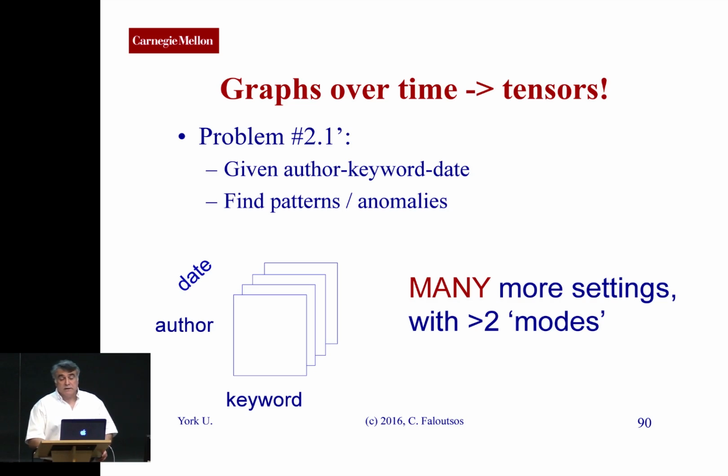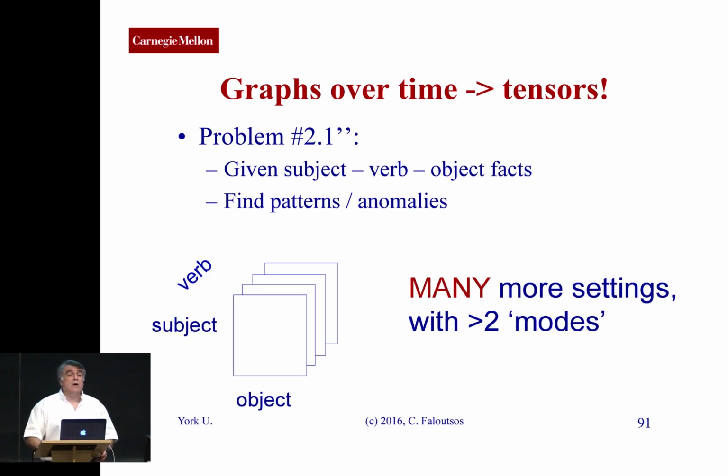The third axis does not have to be time. Tom Mitchell, a colleague at CMU, is working on the Never-Ending Language Learner, the NELL project, which says, let's collect sentences from the web, do named entity extraction, and then we have facts which are triplets: subject, verb, object.